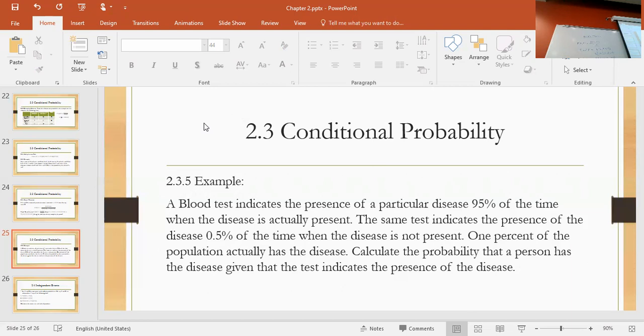If you like to write it as 0.005. There's a point here. And here 0.995. So what we have here is probability of disease and positive. Here is probability of no disease and positive.